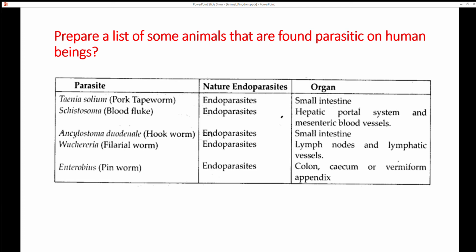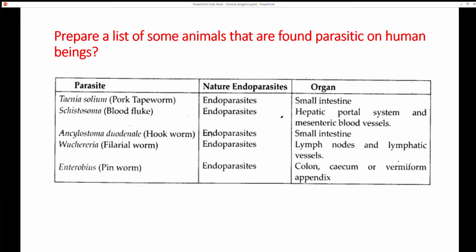Next, Schistosoma, the blood fluke, which sucks the blood from the host. These are also endoparasites. The organ affected is the hepatic portal system, meaning the liver and mesenteric blood vessels; it destroys the blood vessels.